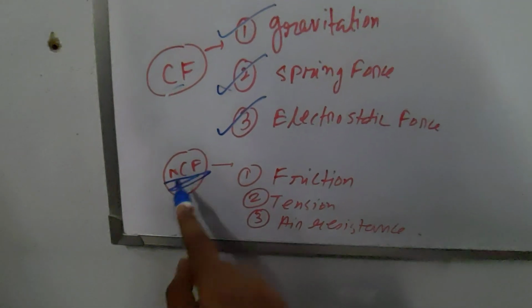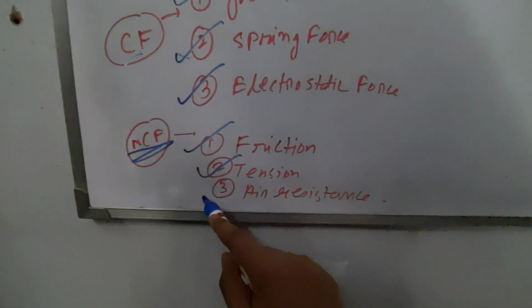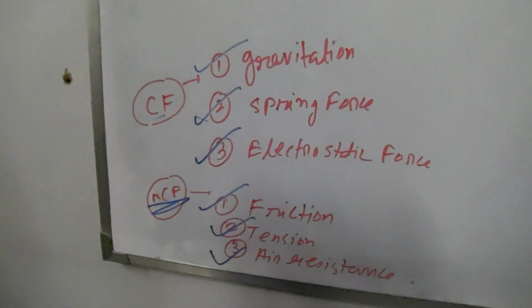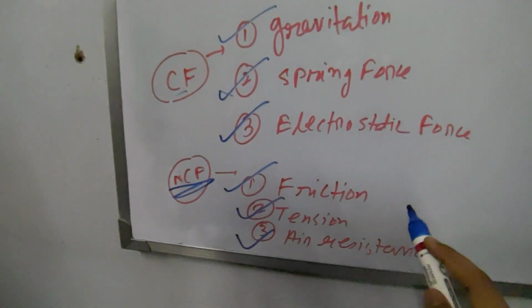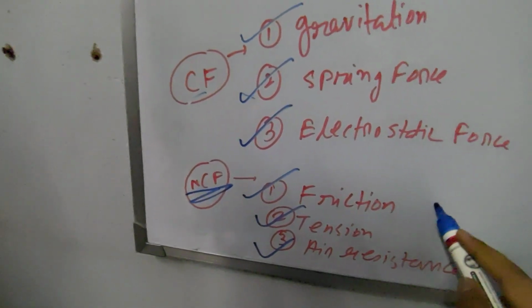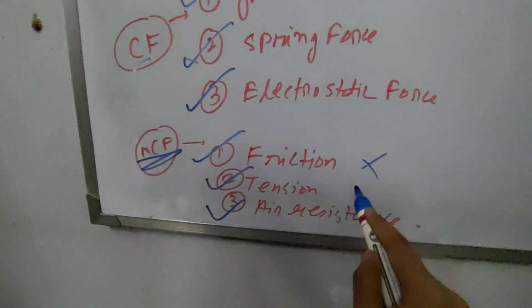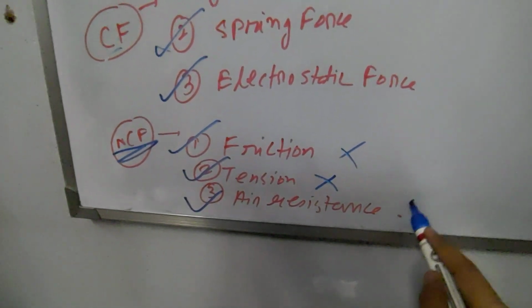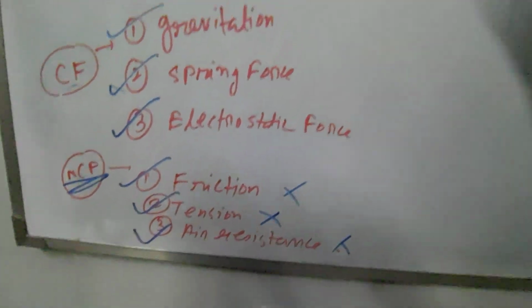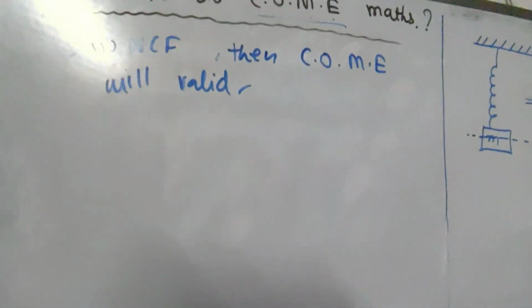Non-conservative forces are friction, tension, and air resistance. So in the question there shouldn't be any friction, tension, or resistance. Then the formula of COME will be valid.